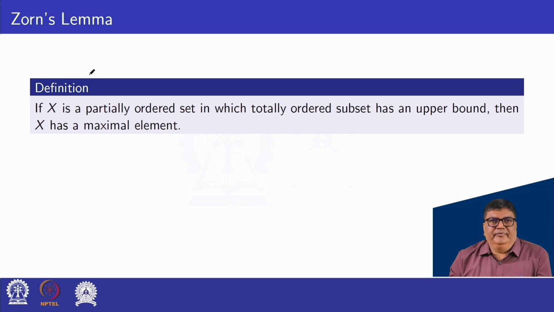Zorn's lemma. If X is a partially ordered set in which every totally ordered subset has an upper bound, then X has a maximal element.